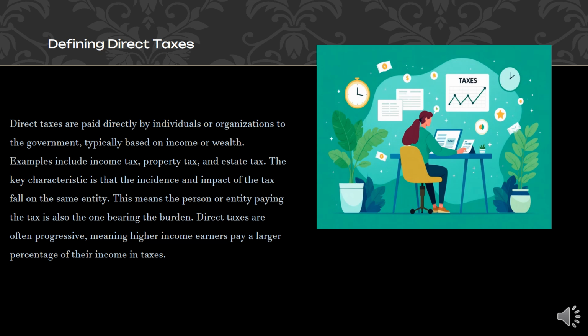This means the person or entity paying the tax is also the one bearing the burden. Direct taxes are often progressive, meaning higher income earners pay a larger percentage of their income in taxes.